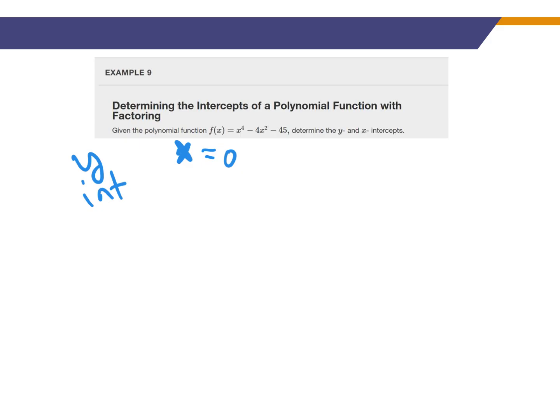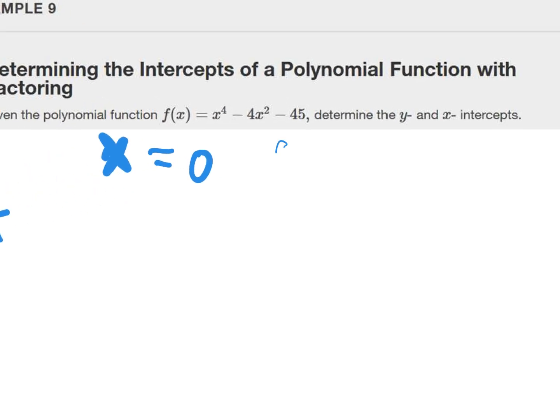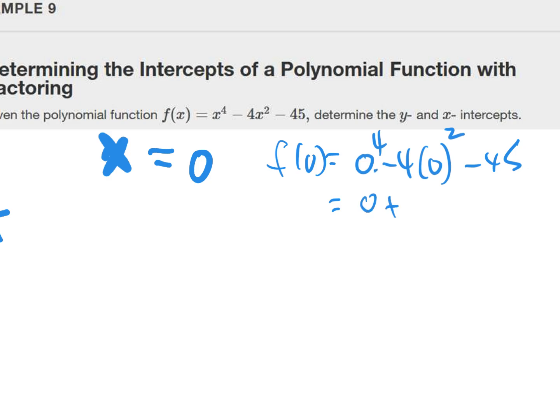So I'm doing f of 0: 0 to the 4th minus 4 times 0 squared minus 45. Well, that goes to 0, 0 minus 0 is still 0, minus 45, so it's negative 45. So my y-intercept is (0, -45).